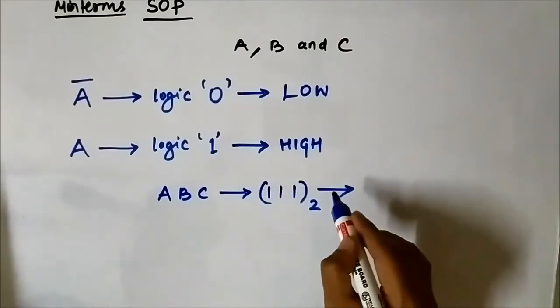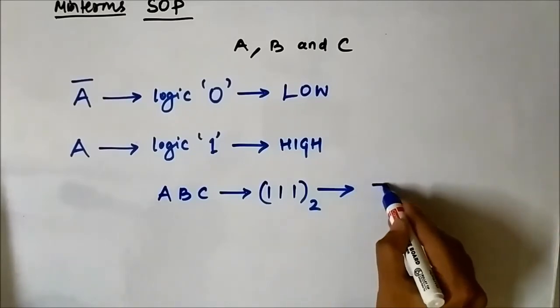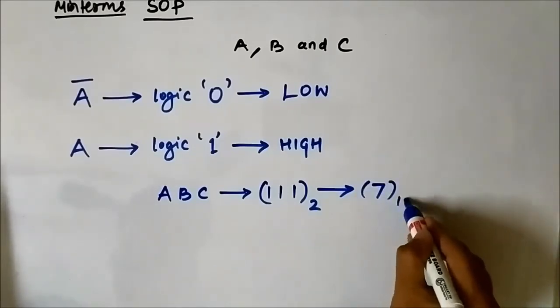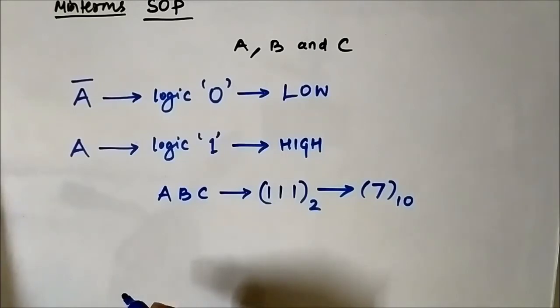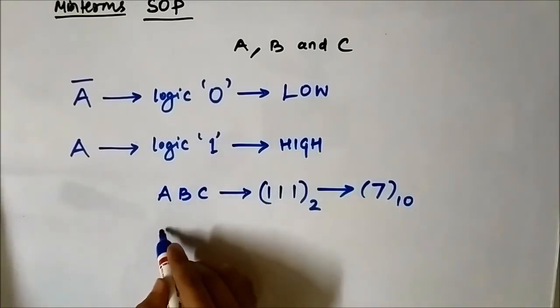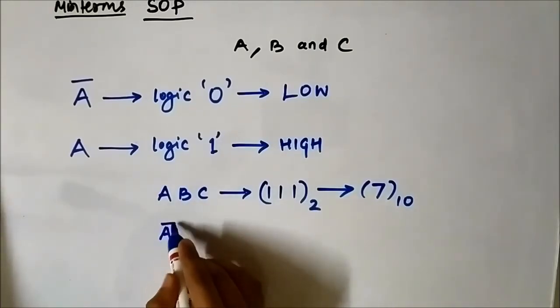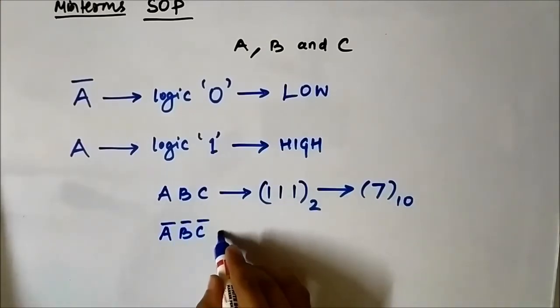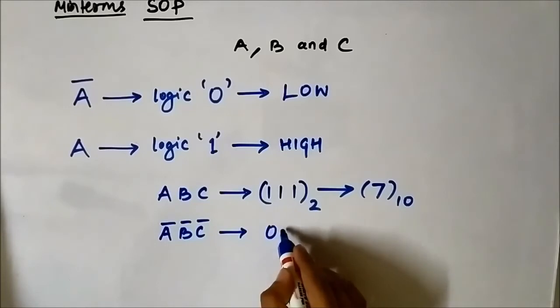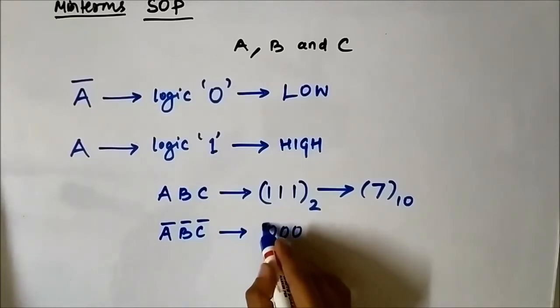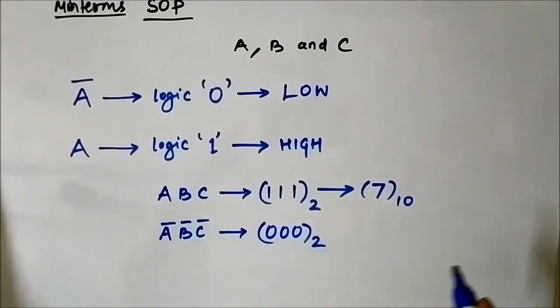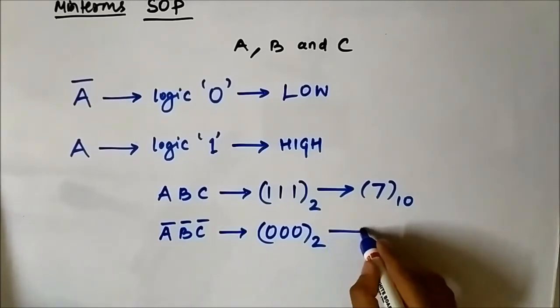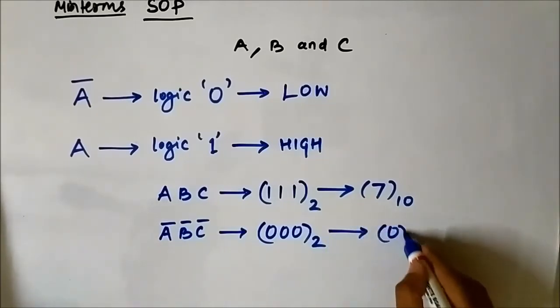In decimal, it is 7. Similarly, if I write A complement, B complement, C complement, what it actually represents is 0, 0, 0 in binary, and in decimal it is 0.